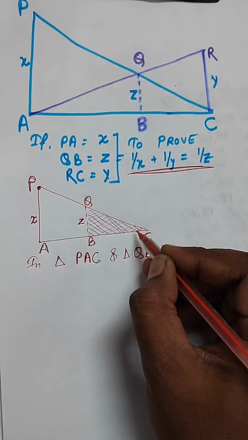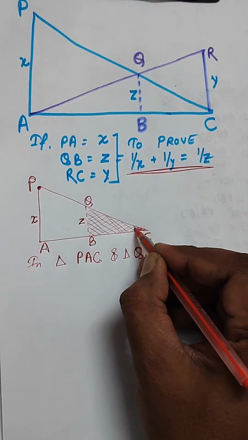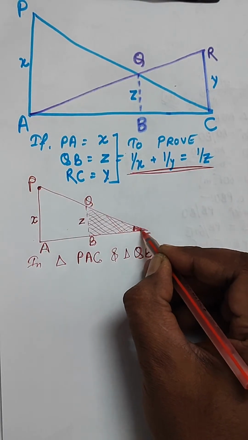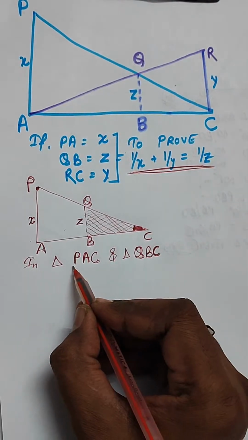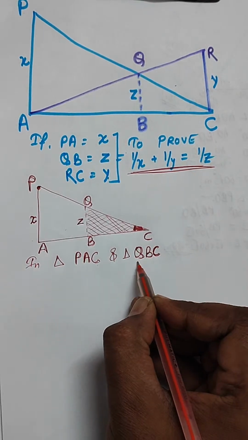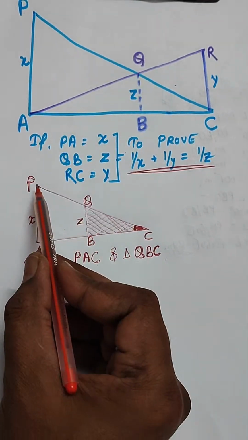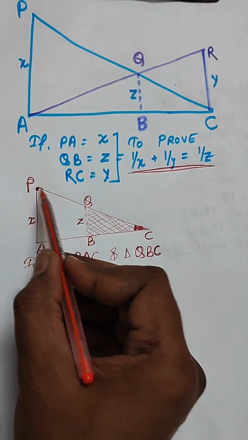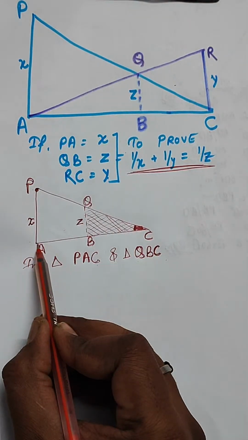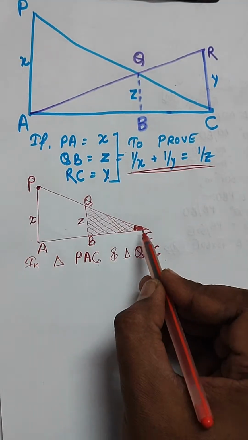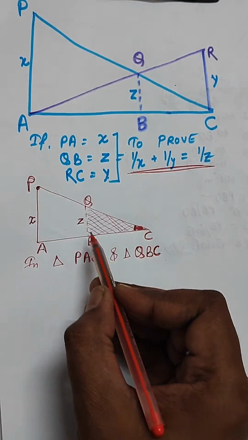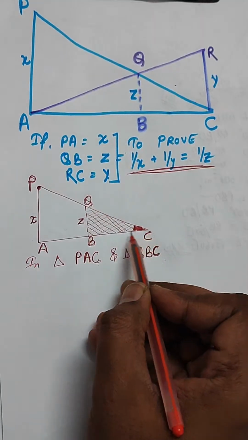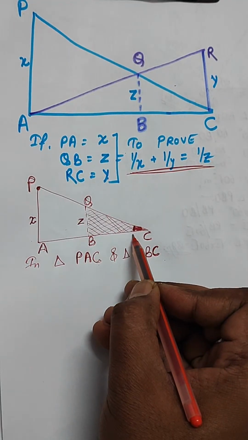You can see this angle is common. This angle C is the common angle which is lying in both the triangles PAC and QBC. For the bigger triangle, angle PCA is angle C, and for the smaller triangle, angle QCB is also angle C.